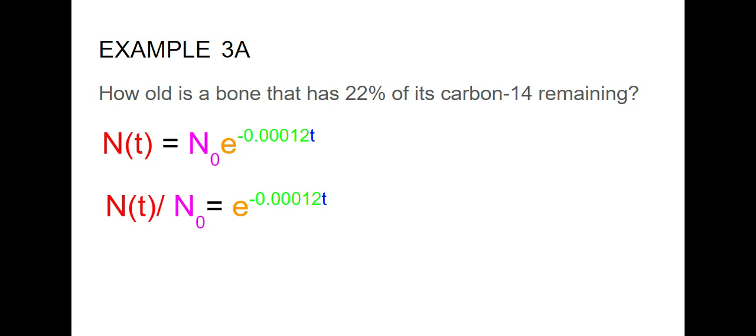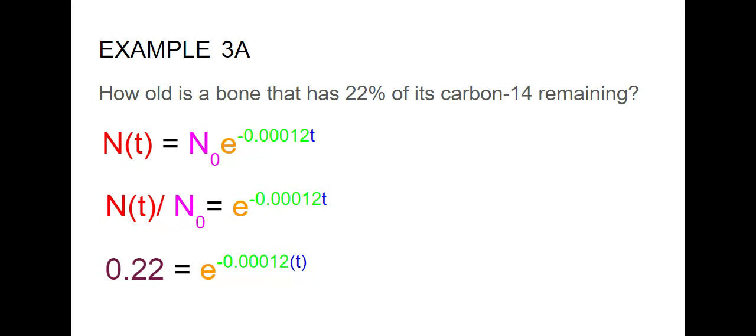So again, we divide. Now, instead of putting in t, we are putting in the percent that's remaining. So we're going to put in the 0.22 over on the left, and then we solve for t. Since t is up in the exponent, we have to solve this exponential equation, and we do that by writing a logarithm.